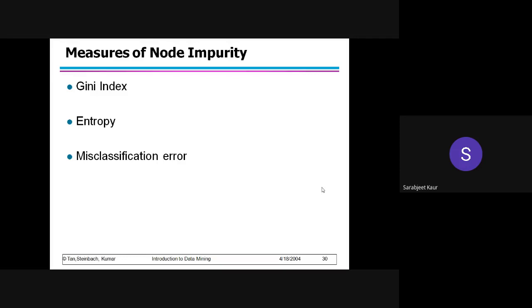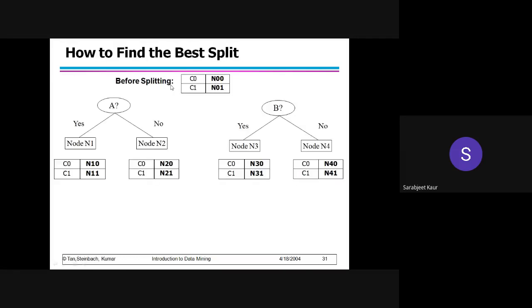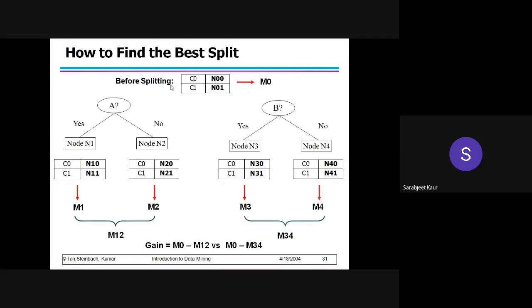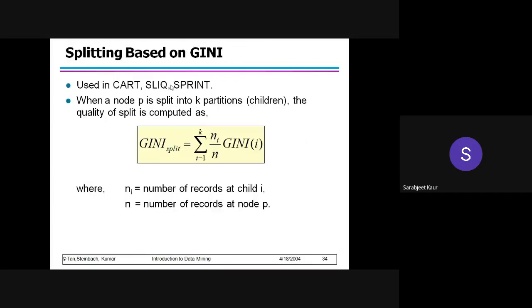Many decision tree construction algorithms, for example, you can see here CART, SLIQ, and SPRINT use Gini.